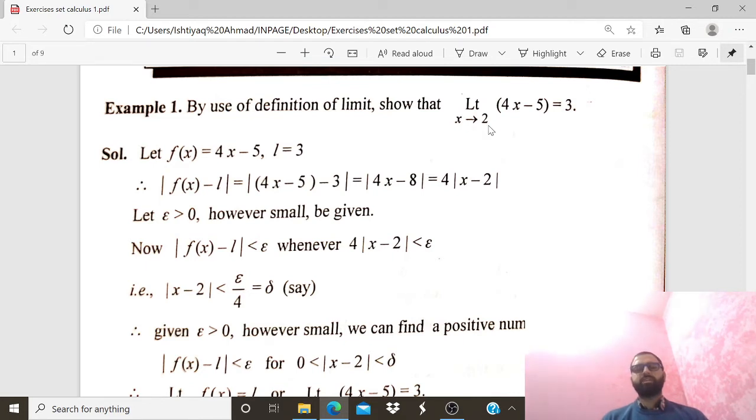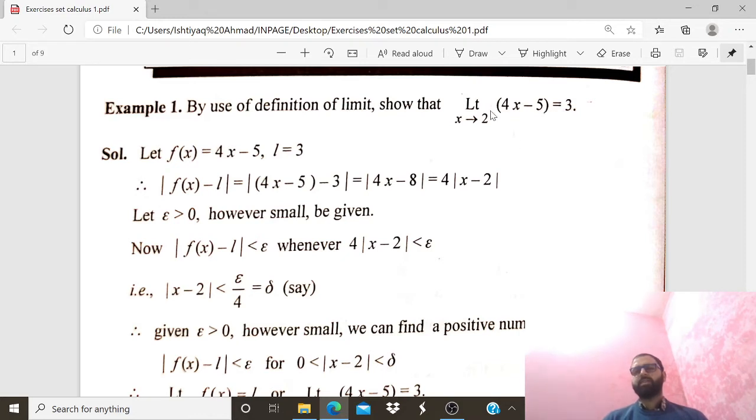As you know, in the epsilon delta definition, I will repeat it for one and all so that you are comfortable. For any function f of x, we say that the function has limit L at point a if mod of f(x) minus L is less than epsilon for all x with mod of x minus a less than delta.